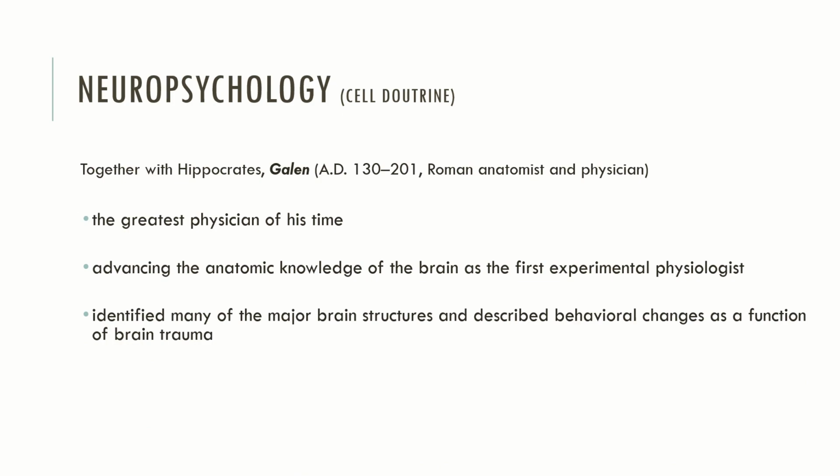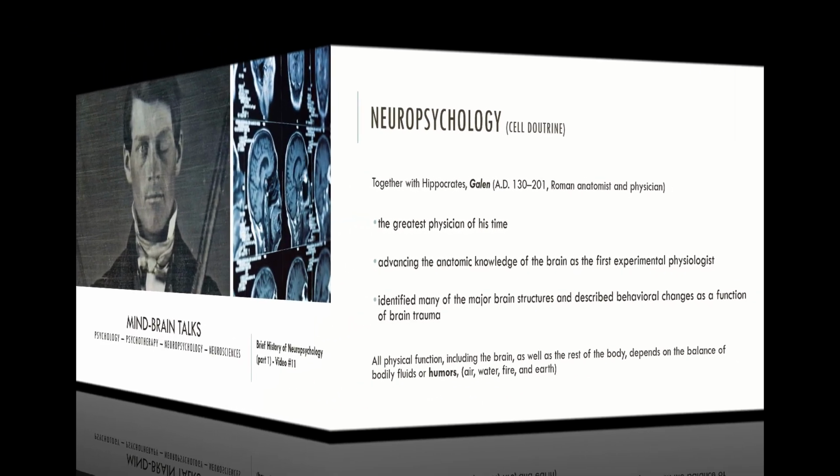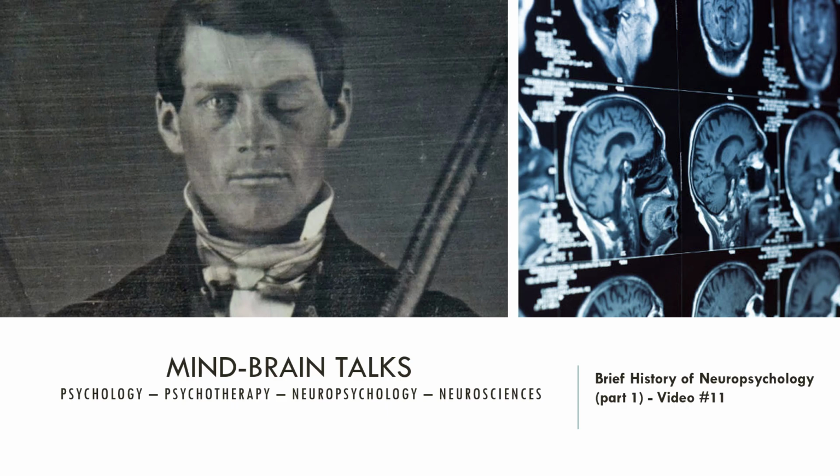Galen also described that all physical functions, including those of the brain as well as the rest of the body, depend on the balance of the bodily fluids or humors, which he referred to as air, water, fire, and earth. He identified different brain areas related to different behaviors and emotions. This was a major step in understanding how the brain could be the underlying organ of emotion and behavior.